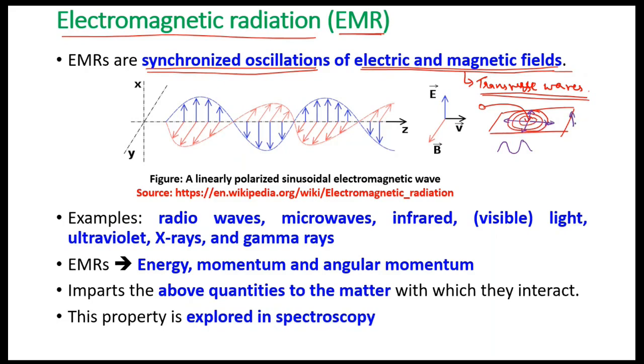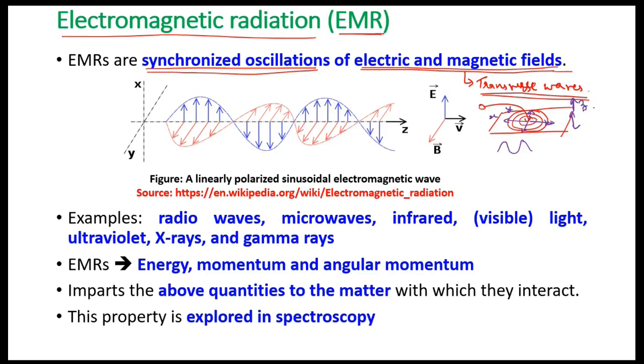Suppose this pond plane is in the x and y direction, then we will also find a disturbance in the z axis.